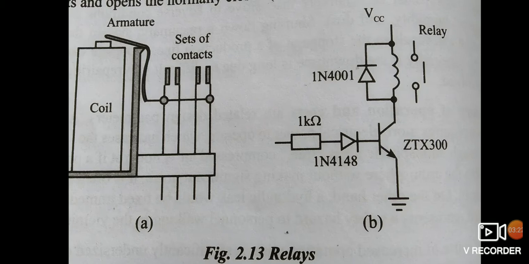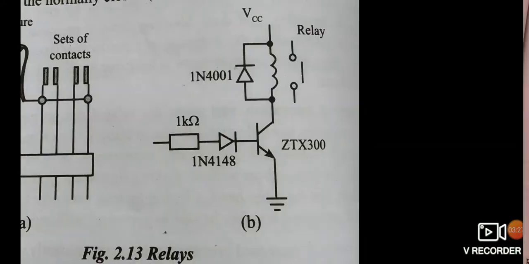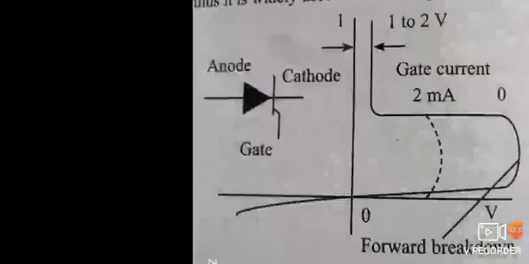Now, the diodes. The diode has the characteristic shown in the figure. It allows a significant current in one direction only.